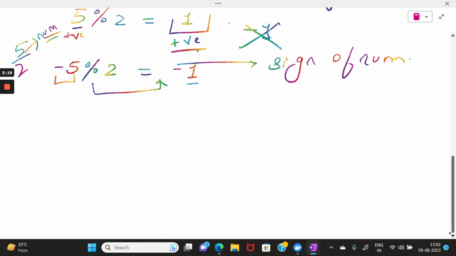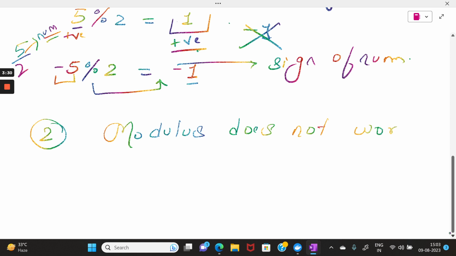The second rule is modulus does not work upon floating point numbers. Very important. Modulus does not work on float values.